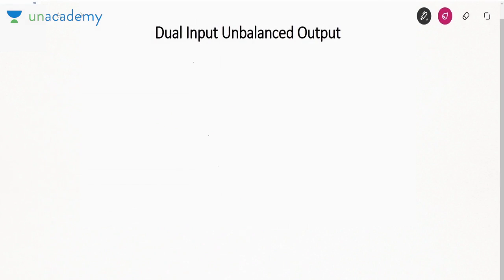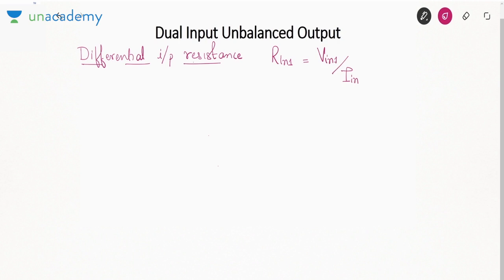Now next we define a term called the differential input resistance. Now what is this differential input resistance? It is the ratio of input voltage at one terminal to the input current from that terminal when the other input is 0.